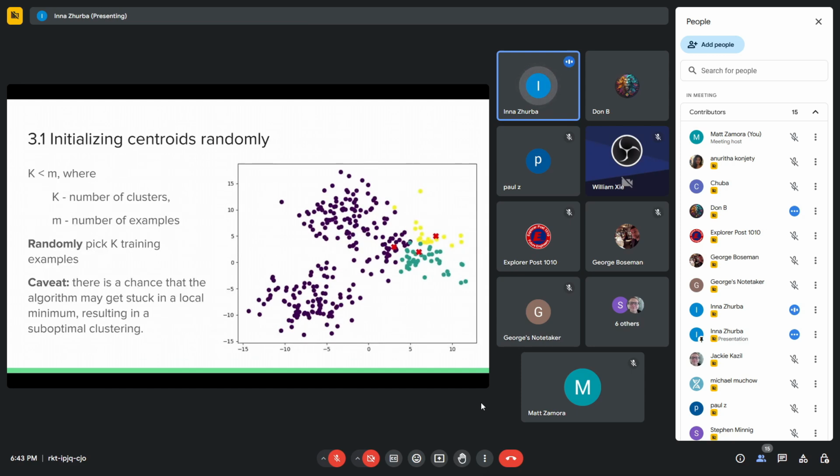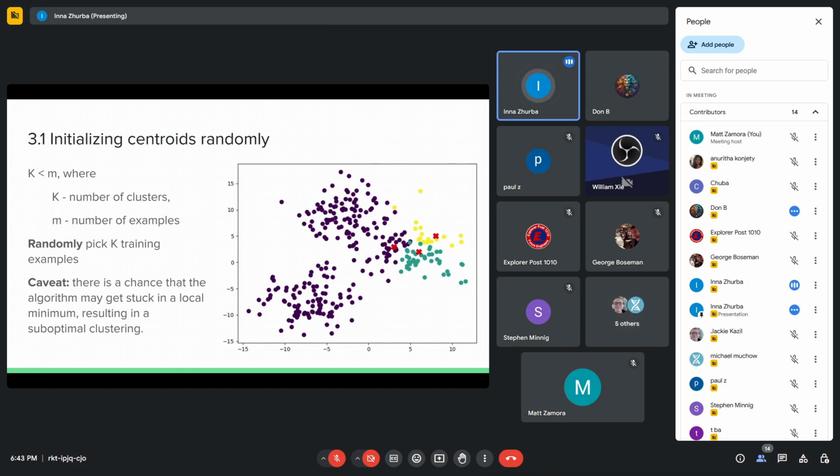Okay, so we start by initializing centroids randomly. How do we do that? Well, one way is just to select some points, any points, which is a pretty bad idea. The more efficient way of doing that is picking randomly k training examples from our existing data set.